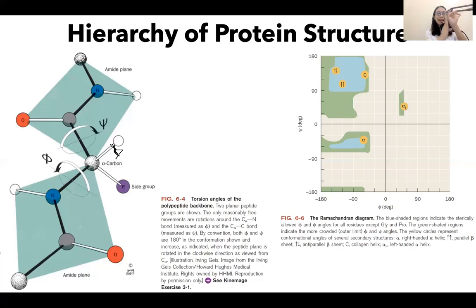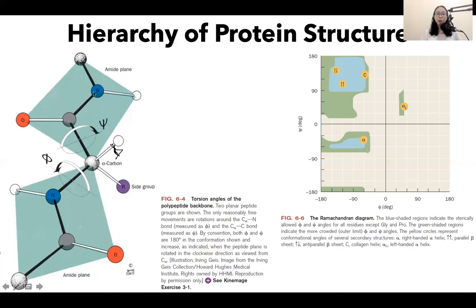This time, if the carbonyl carbon and alpha carbon bond is twisted negative 90 degrees relative to the alpha carbon nitrogen bond, it means that this whole plane, the peptide bond plane, is 90 degrees, or negative 90 degrees. So this creates another orientation of your polypeptide chain.